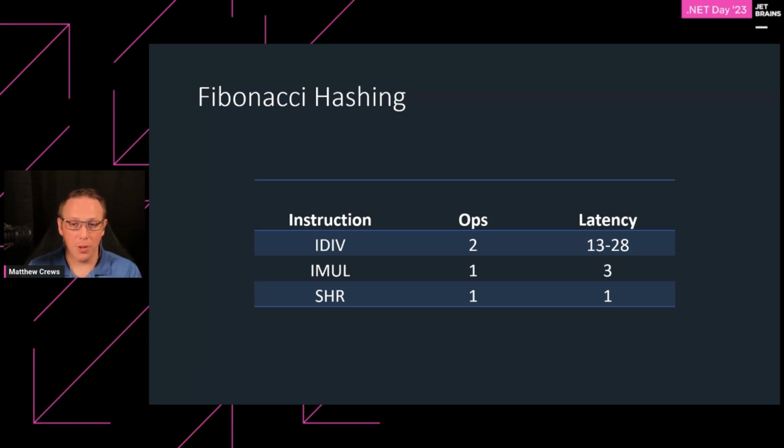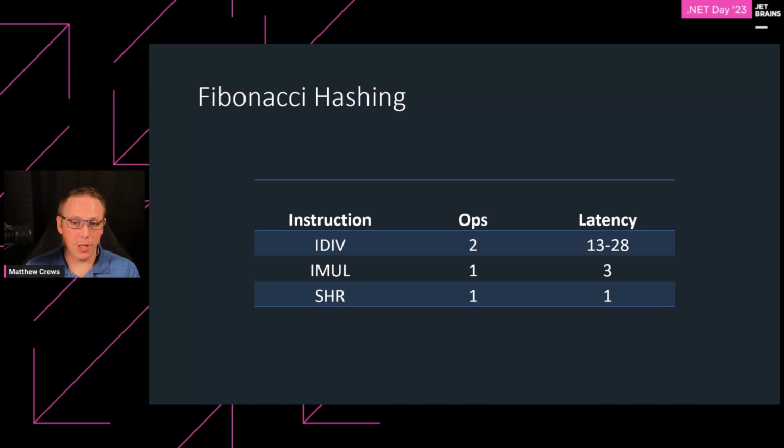CPUs are terrible at division, and it's beyond the scope of this conversation, but it's not possible to make it fast. So when you're doing a mod, you're actually doing an idiv x86 instruction, and that has a latency of 13 to 28 CPU cycles. So it takes 13 to 28 cycles before the next operation can commence.